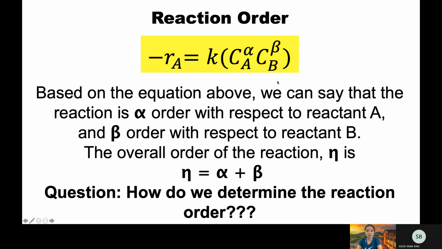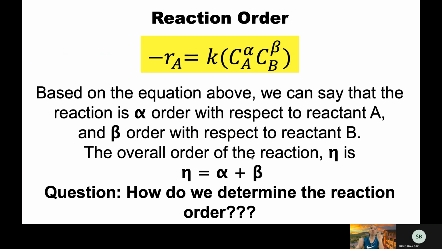So when you want to say second order, you have to specify very clearly this second order is towards what reactant. Okay, so for example dalam case ni, let's say we say first order with respect to A and first order with respect to B, hence overall order 1 plus 1 is second. So overall order second has different implication. Overall first order pun ada different implication.